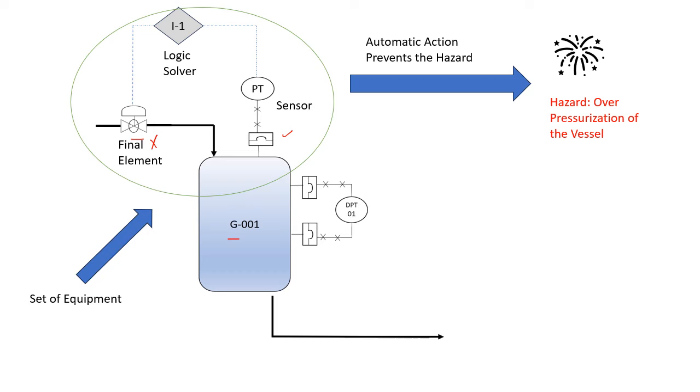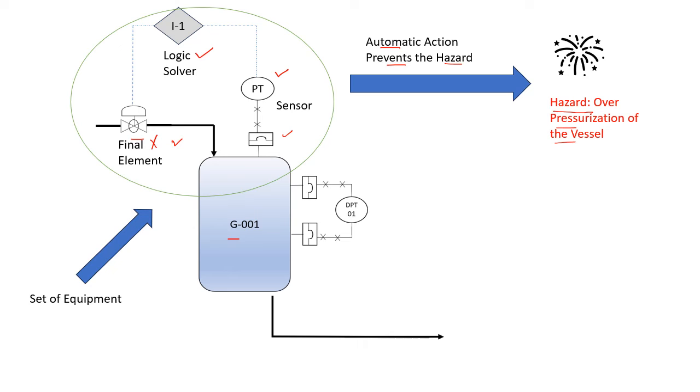So this particular loop performs an automatic function, that is the overpressure protection, and the loop consists of the pressure sensor, the logic solver, and the final element, and it is protecting by preventing a hazard. What is the hazard? The hazard is overpressurization of the vessel, right?